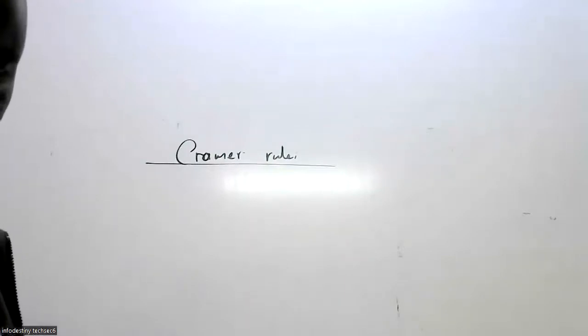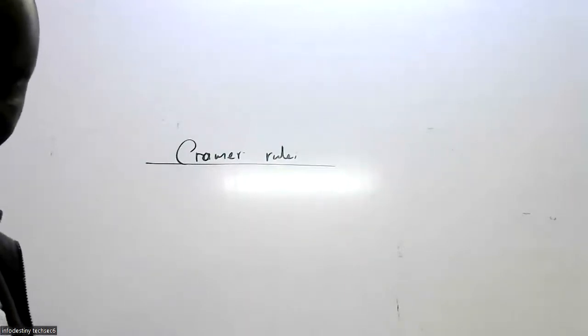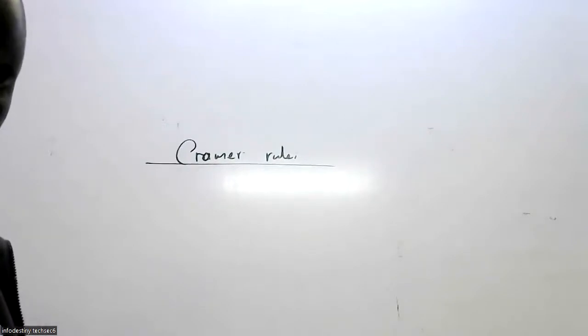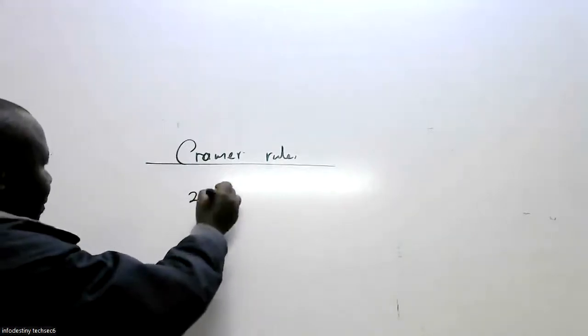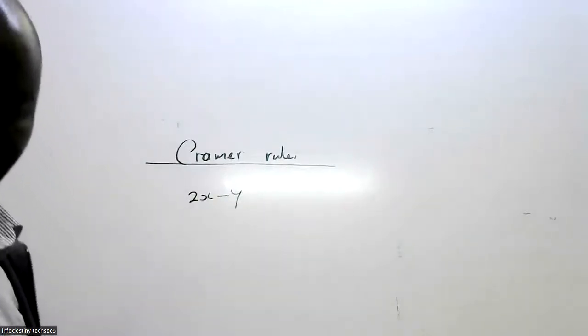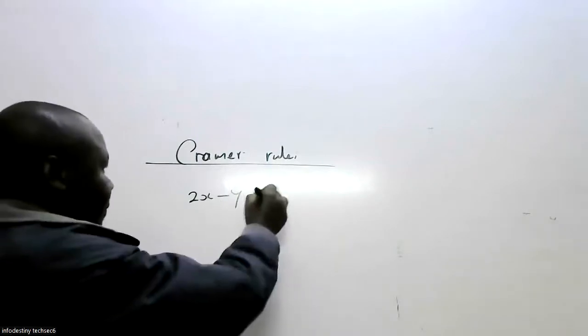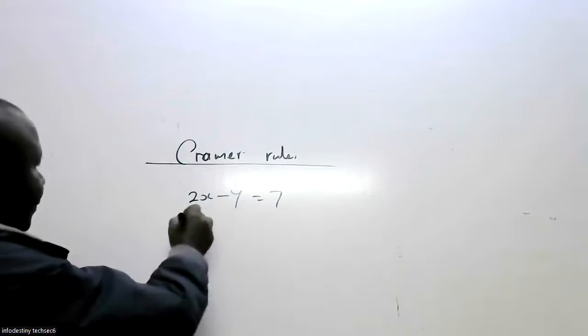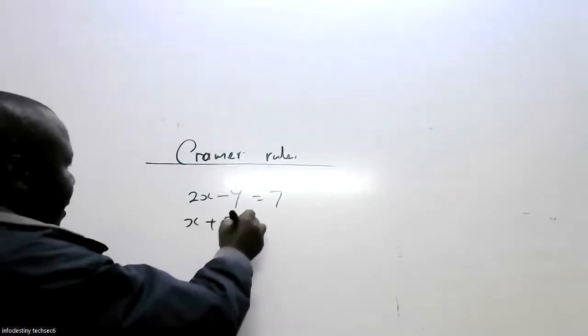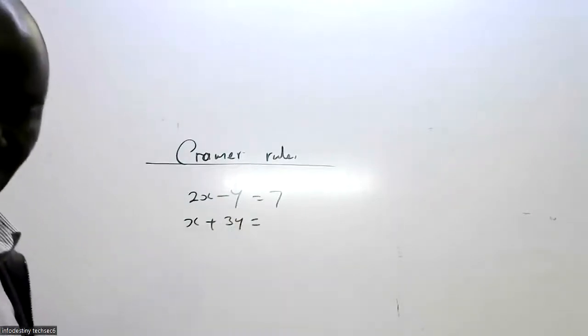Let's assume that you're given this: 2x minus y equals 7, and then we have x plus 3y equals 14.